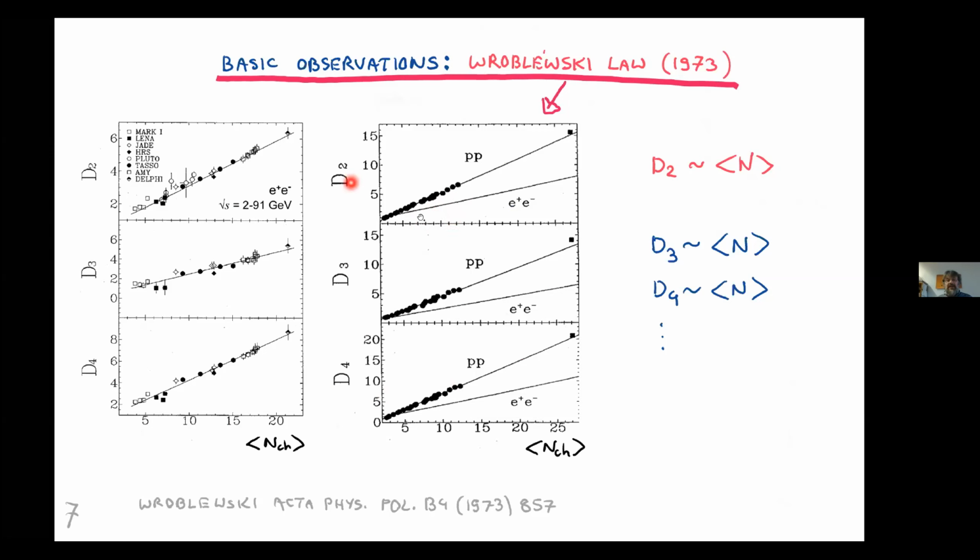What he found, plotting the second dispersion as a function of mean multiplicity, is that it goes linearly up. The third dispersion goes linearly up. The fourth dispersion goes linearly up. Sometime later, people repeated these plots for e+e- collisions and found the same. Up, up, up. So we have this linear increase of the dispersions of any moment with multiplicity.